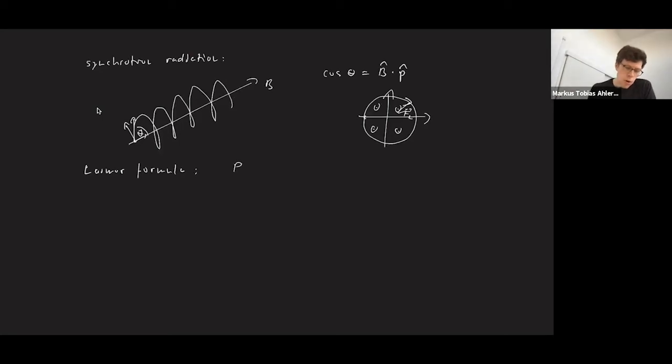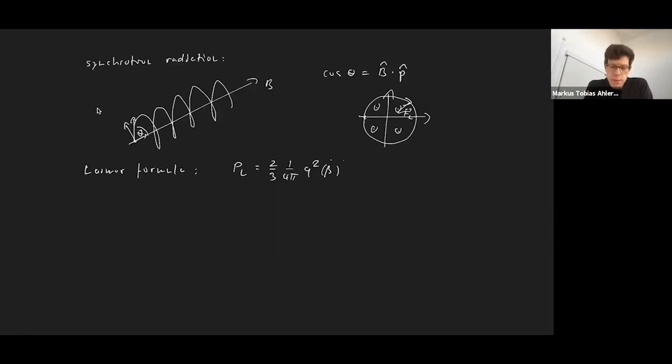So the Larmor power is given as 2/3 1/4 pi q squared, so the charge of the particle squared, times its acceleration. And in our case, acceleration in natural units will be beta dot squared. So this is the Larmor formula in Heaviside-Lorentz units. This is the reason why this additional factor 1/4 pi appears compared to what you find otherwise in the literature.